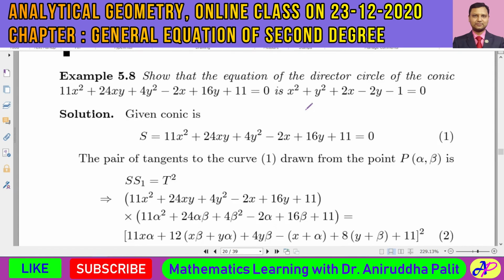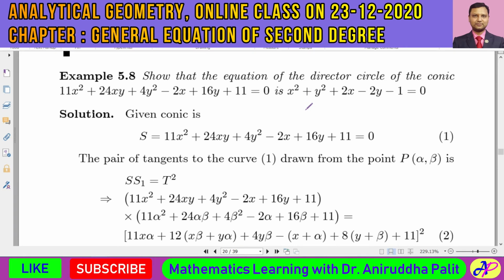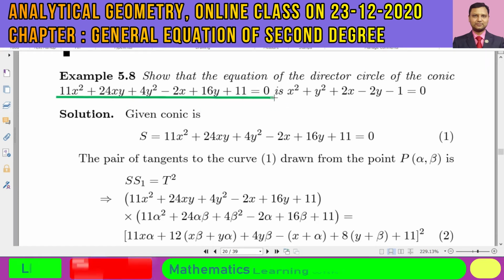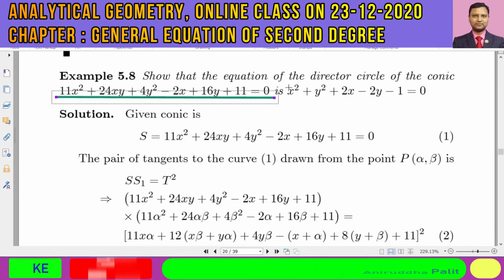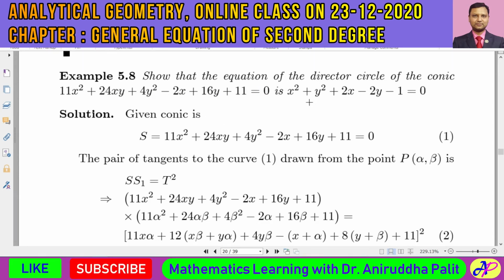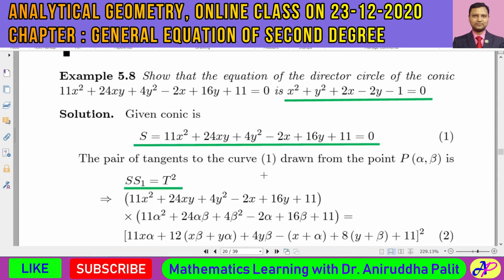Yes, this one. In place of a particular standard equation of parabola or hyperbola or ellipse, we are considering over here a general second degree equation, S is equal to 0. The question says that show that the equation of the director circle of this conic is represented by this kind of equation. So over here we consider this conic S, and then we compute S1 is equal to T square.